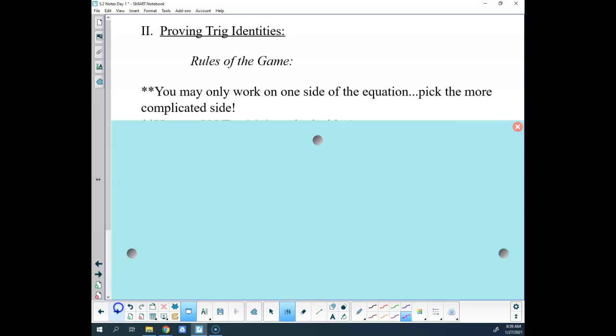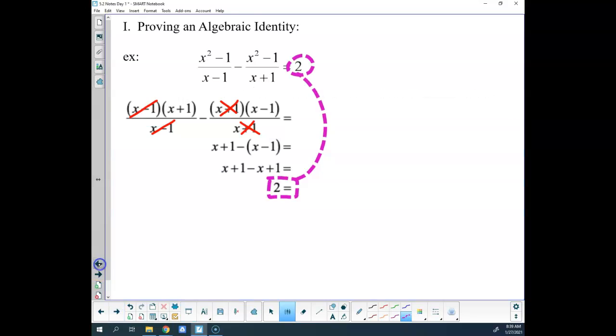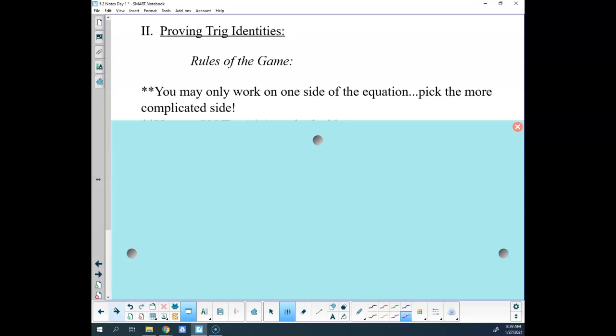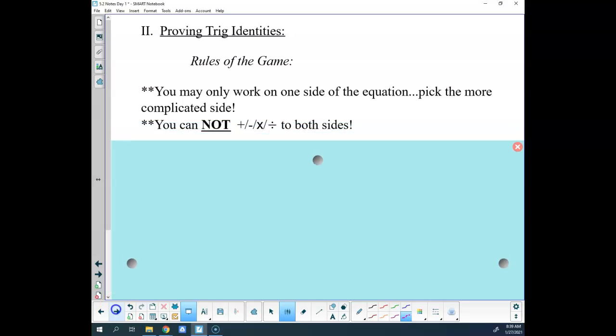If we go back a slide to that first example, I can do more algebra with the left side than I can with just 2. 2 is just 2. That's it. I can do more on the left than I can on the right, so you're always going with the more complicated side. You cannot add, subtract, multiply, or divide to both sides. You can only work one side at a time.